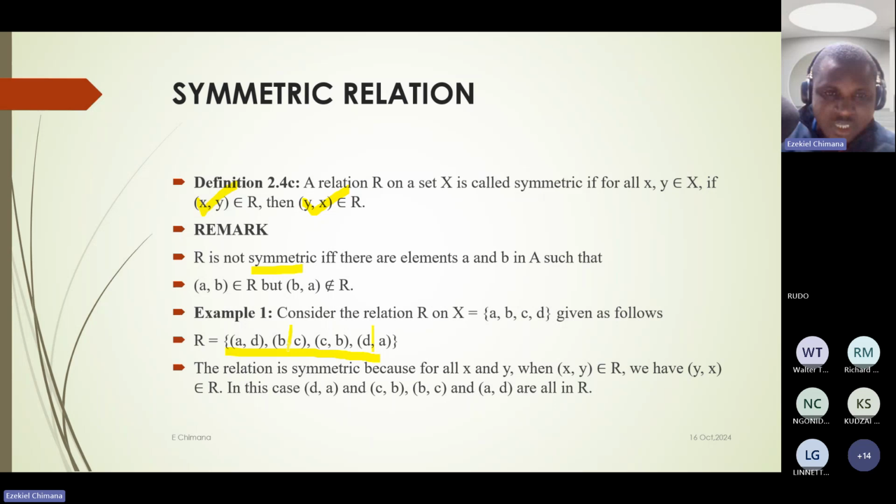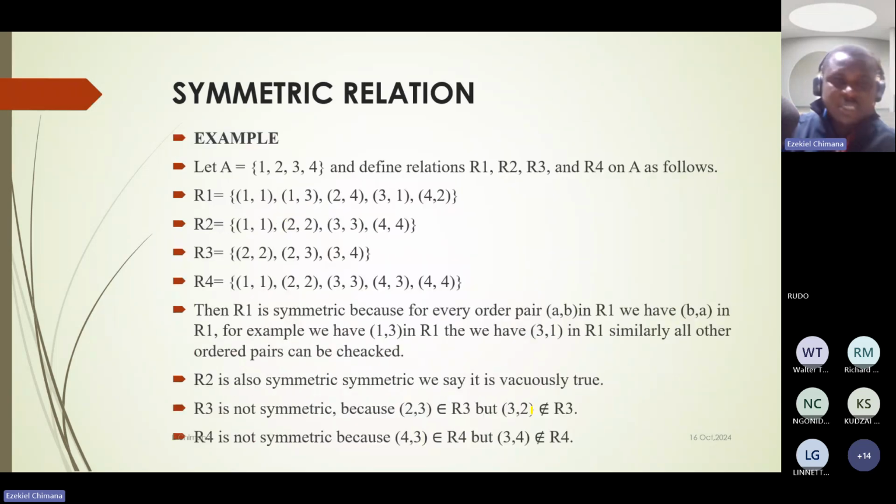Whenever you've got a bc, you must find cb, which is this one. Then you can say the relation is symmetric, because for all x and y, when xy is an element of R, we have yx as an element of R. In this case, da, cb, bc, and ad are all in R. So the relation R is symmetric.